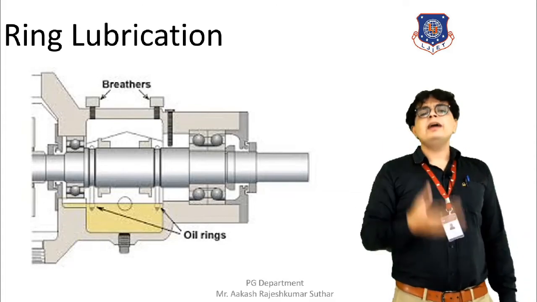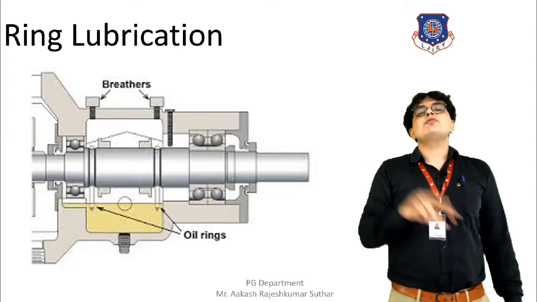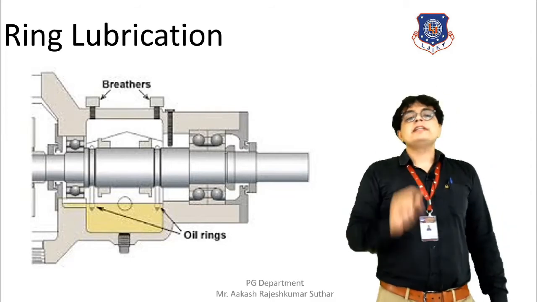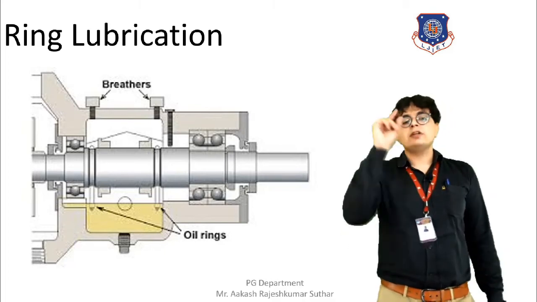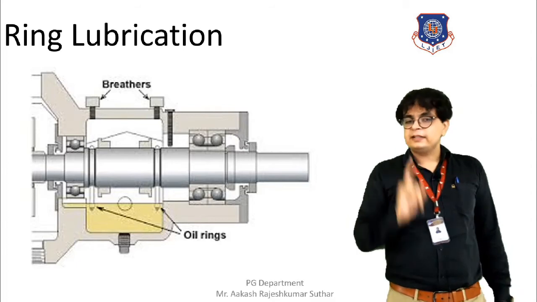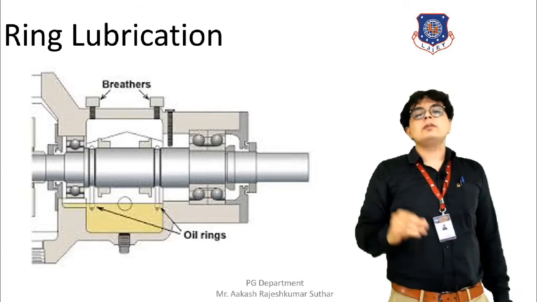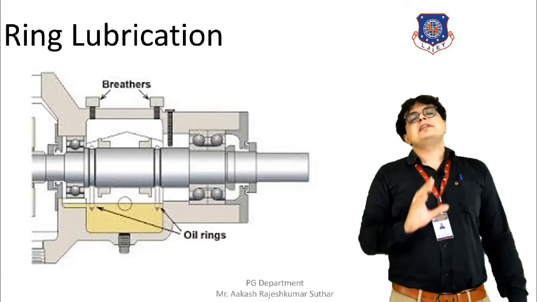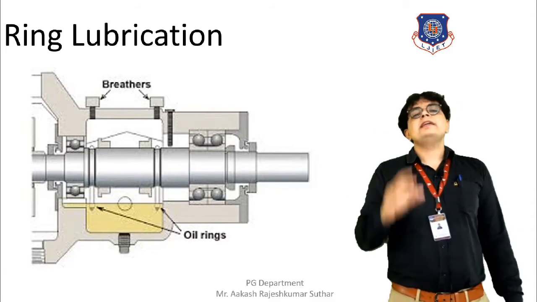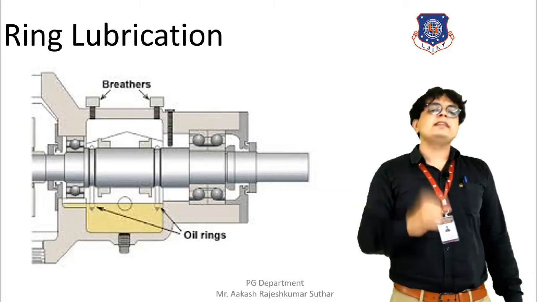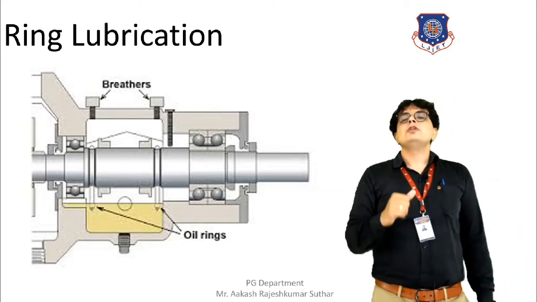Once the horizontal shaft starts rotating, the ring will also start rotating along with it, and because of this rotation, the centrifugal force will act, and at the same time gravitational force will also act on it. By the combination of both these forces, the oil lubricant will be transferred into the bearing, and by this the bearing will be lubricated.